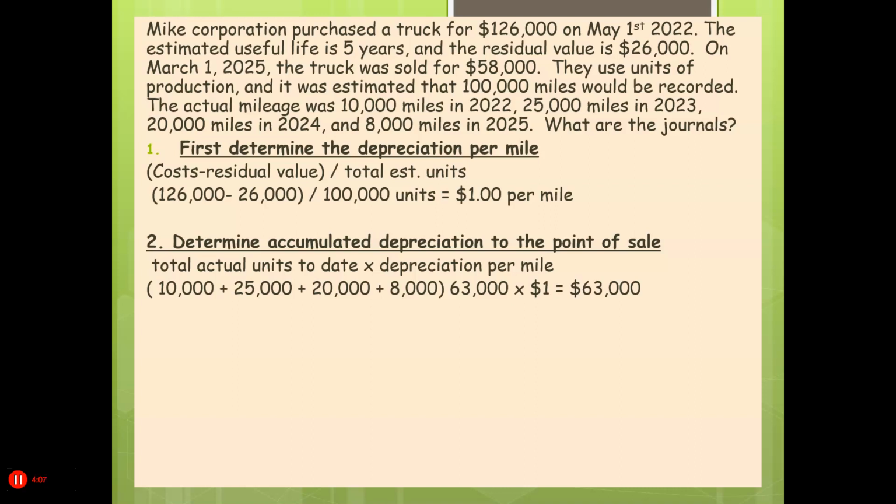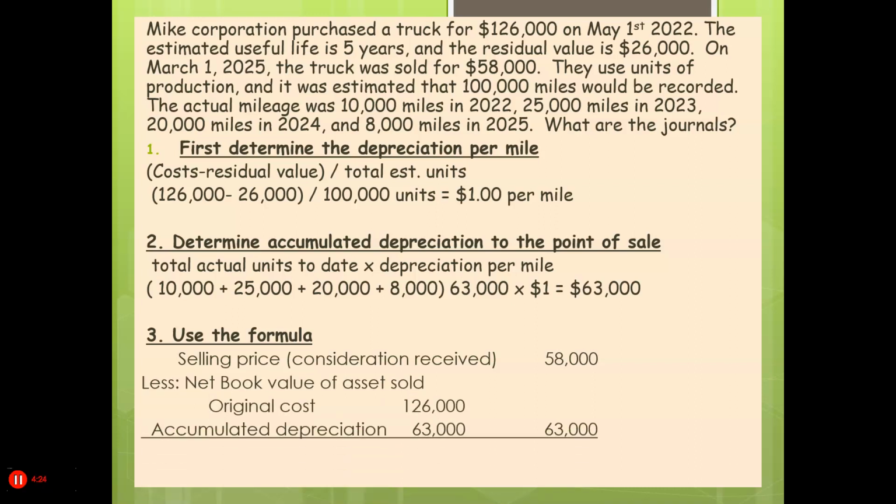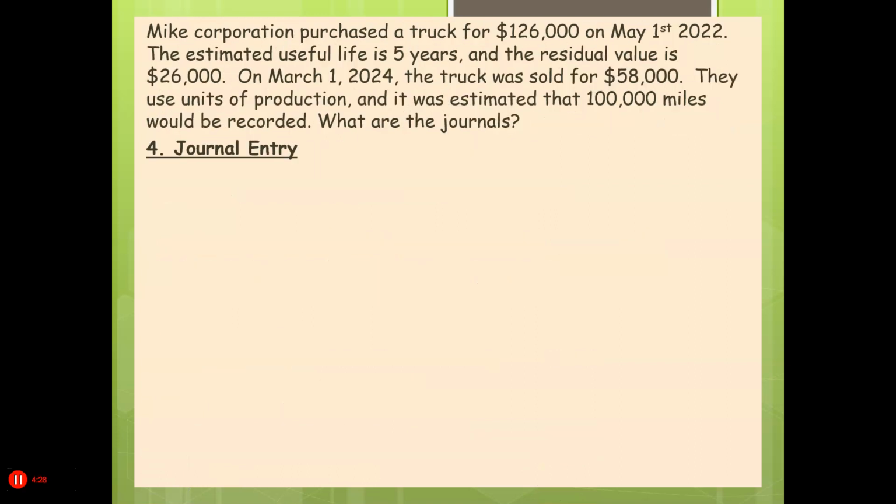Now remember, with units of production or activity, it doesn't matter when you bought it, because you would have used it less if you bought it later in the year. So we ignore that. Now our formula is going to be the selling price, again, consideration, less the net book value tells us we had a loss of 5,000. So this is what our journal entry would look like.